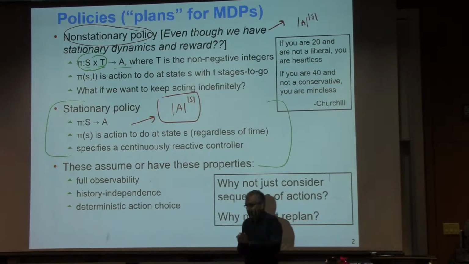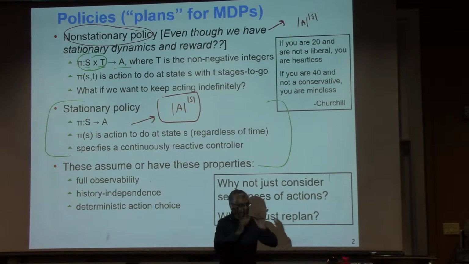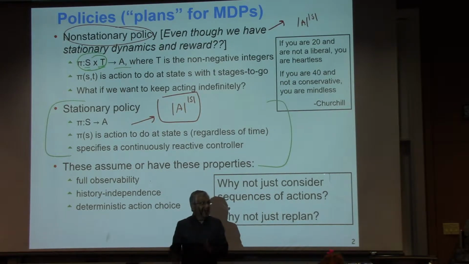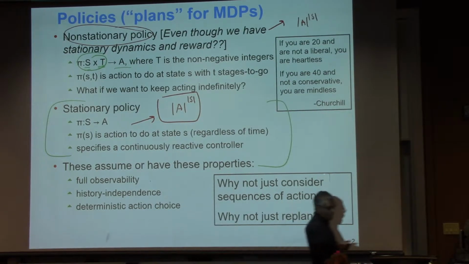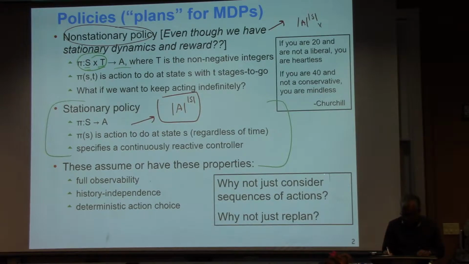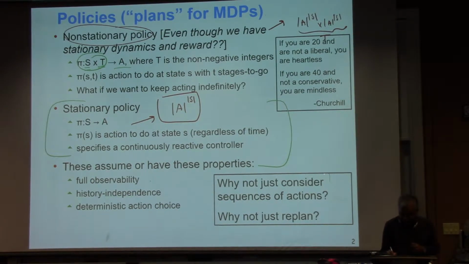If you have 100 years left to go, you have A power S policies for what to do. When you have 99 years left, you have another A power S policies. When you have 98 years left, another A power S policies. So you have A power S times A power S, etc., T times, where T is the total horizon, which is nothing but A power TS.